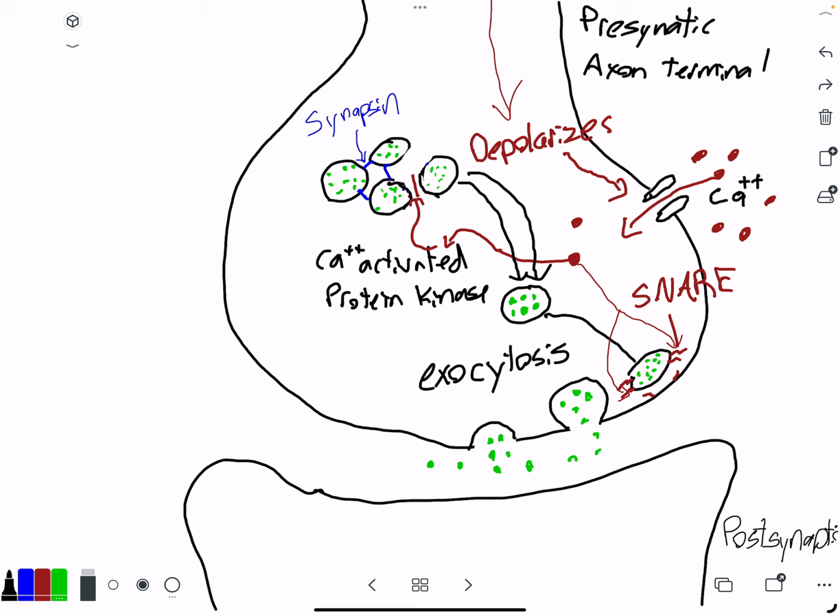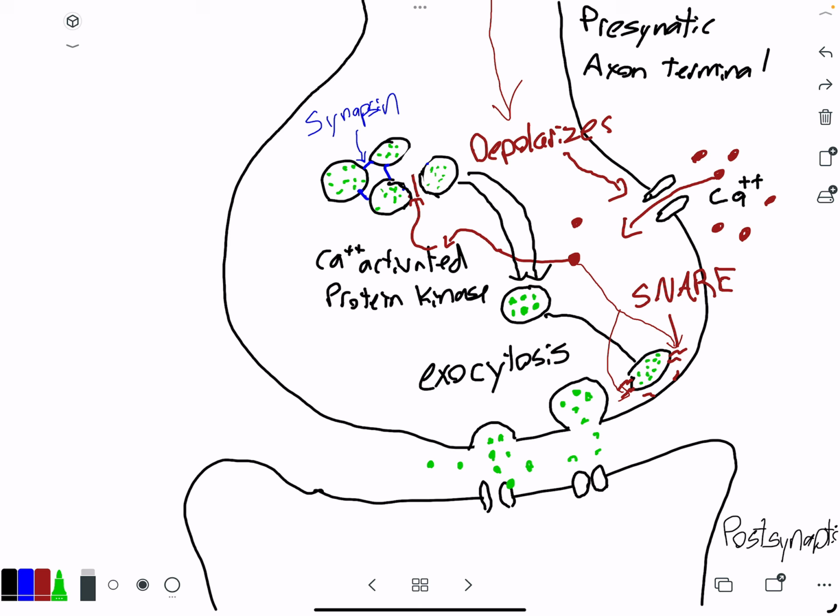And so neurotransmitters are diffusing across the cleft, and this can take up to a few milliseconds. And what do they do in the postsynaptic cell? Well, there are membrane-bound receptors that specialize in binding to these neurotransmitters.